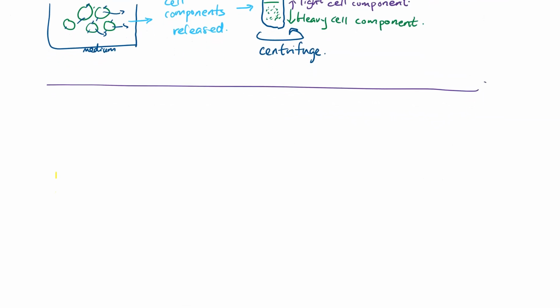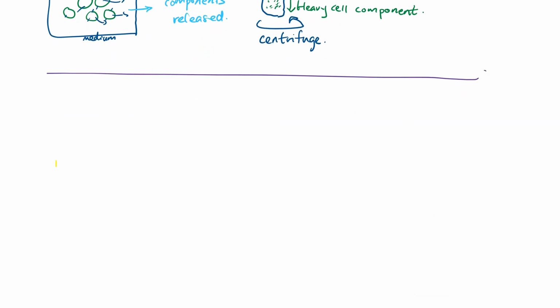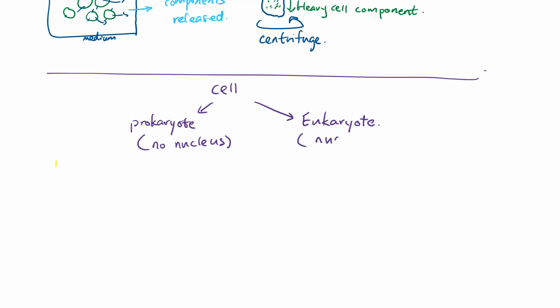Next, we know that cells can be divided into generally two types. We have the prokaryotes, which means no nucleus. And you also have eukaryotes, which means cells that have a nucleus and other membrane-bound organelles.